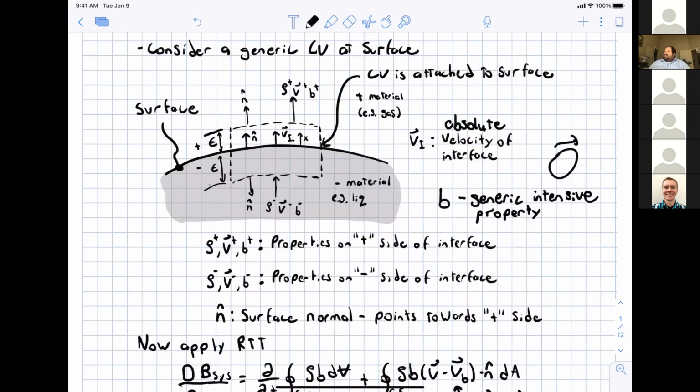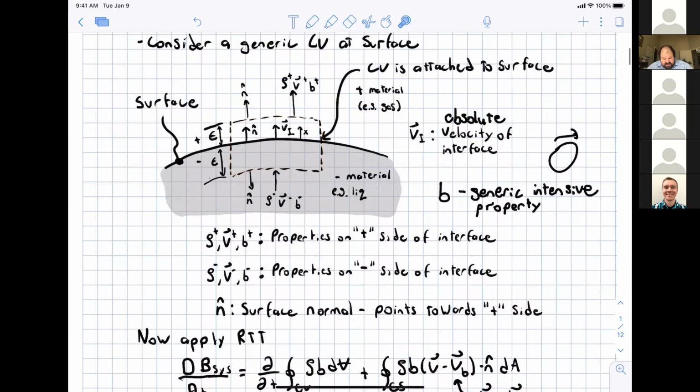So last time we started the discussion on how to apply either boundary conditions or jump conditions across an interface. For example, you may have a vaporizing droplet, and this droplet may be stationary, with the exception that the surface of the water is moving down as the water evaporates.